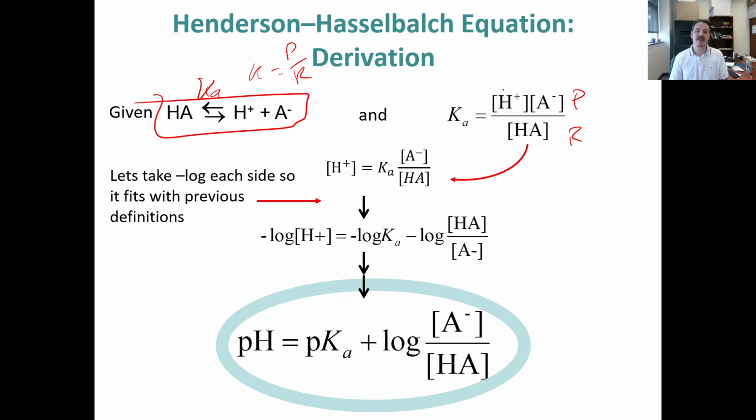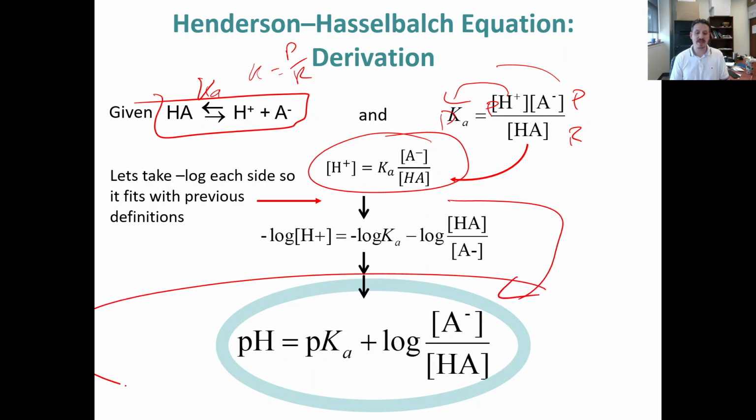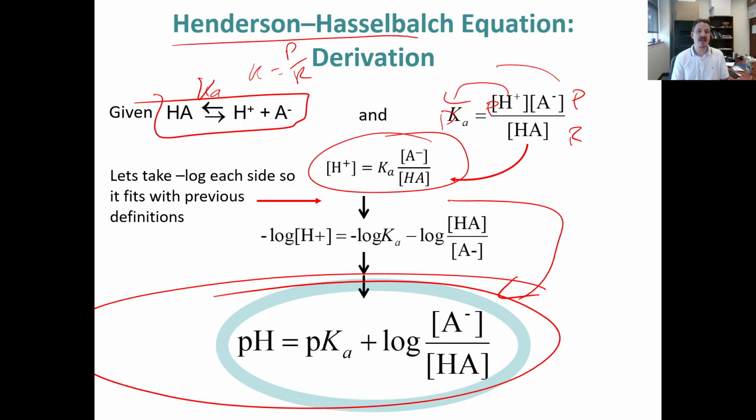Now, we reflect H plus as pH, so we can P this and P this, and then if we move this over and rearrange everything, we get this, which is the Henderson-Hasselbalch equation.